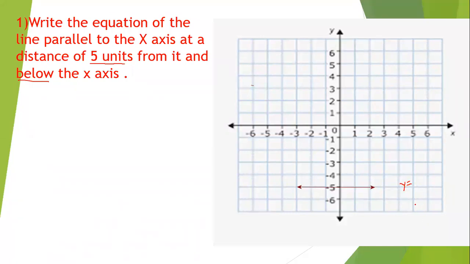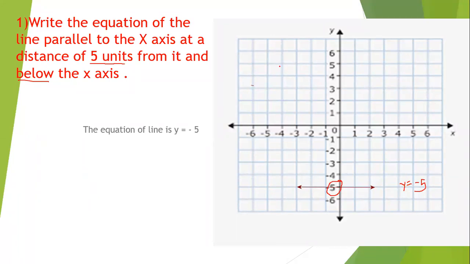So I'm writing y. Then which coordinate is it passing through? It is passing through -5. So I'm writing y equal to -5. So I got the equation of this line as y equal to -5, right?